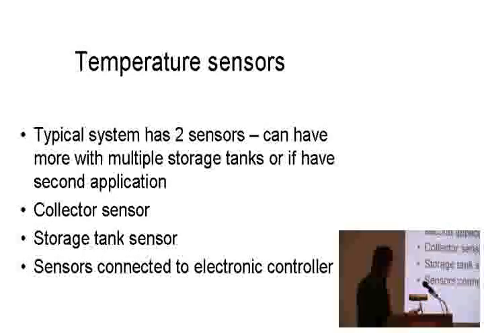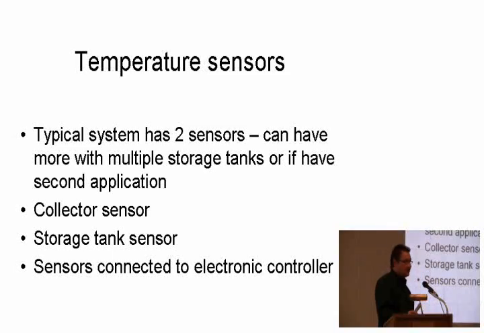So the controller works in combination with these temperature sensors. Basically you have at least 2 sensors in most systems. You're going to have more sensors in systems where you have more functions going on, where you have multiple storage tanks, etc. So the basics are you have a sensor up at the collector and a sensor at the storage tank to measure that temperature differential, which feeds into that electronic controller.